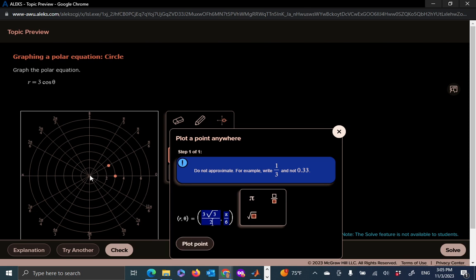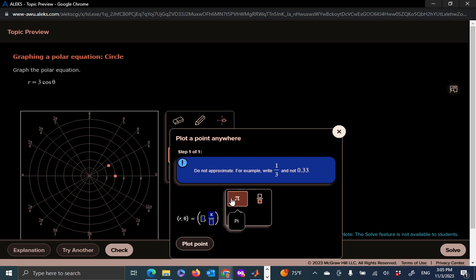You notice that it is graphed on the ray with the angle pi over 6, and we have gone out this much. Radical 3 over 2 is about 0.8, and then times 3 is about 2.4, so this is approximately that point. Next point up, pi over 4. So we are going to practice this again.